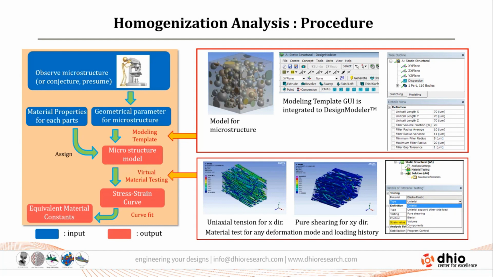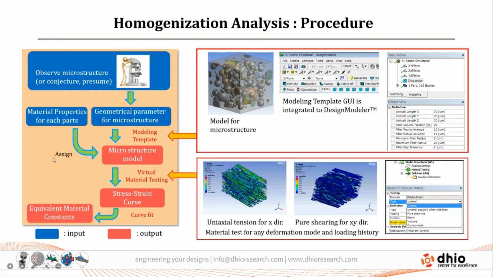From the observed microstructure, we can extract different geometrical parameters, like the width, length, and the height of the microstructural model, and the filler volume fractions or the matrix volume fractions. The different things we can extract. So this microstructure is used for extracting the geometrical parameters and constructing a 3D microstructure template.